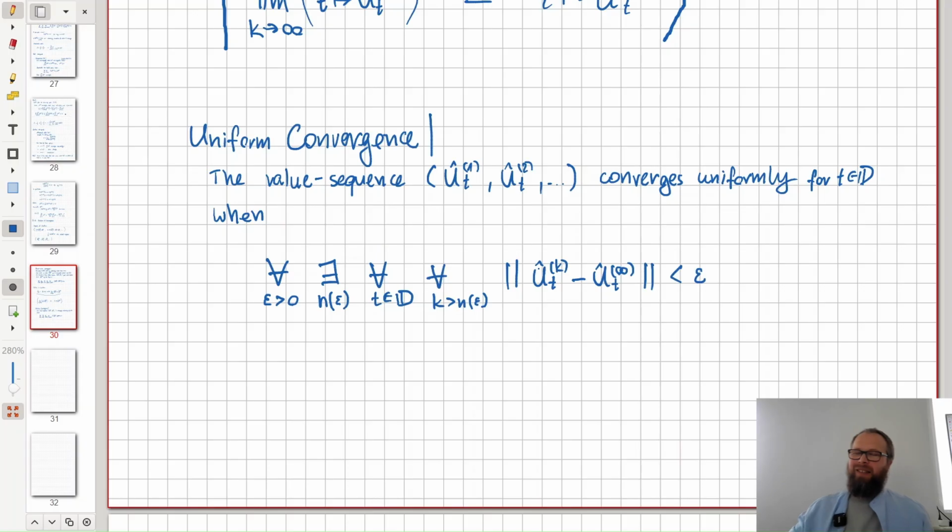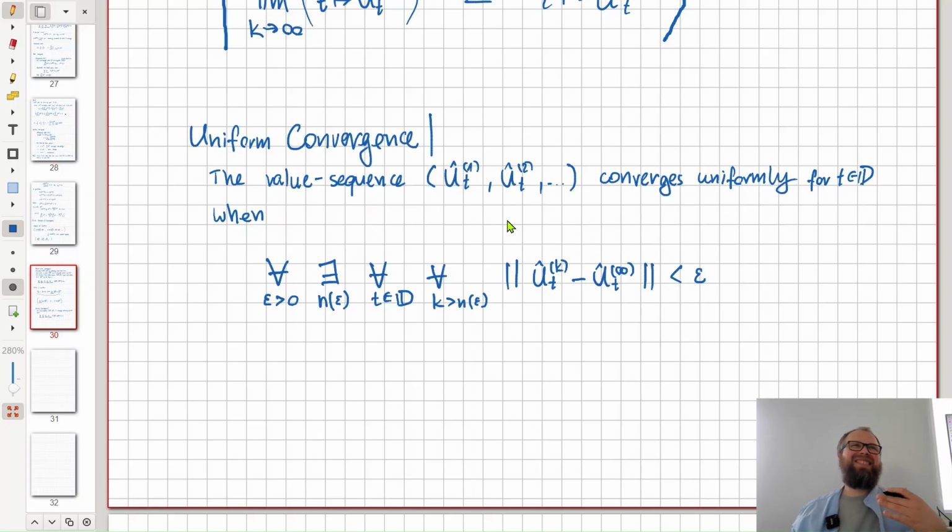Okay, so we switched places of our quantifiers, right? Now t is behind the threshold because we demand for n to be independent of t. And why is this called uniform? Uniform because for all t.